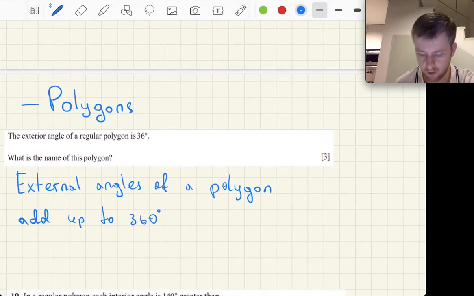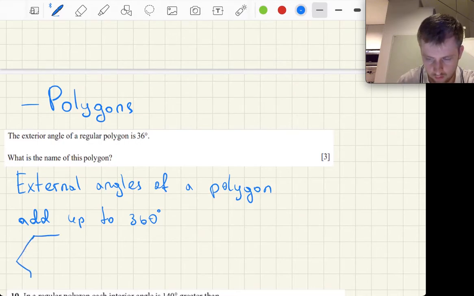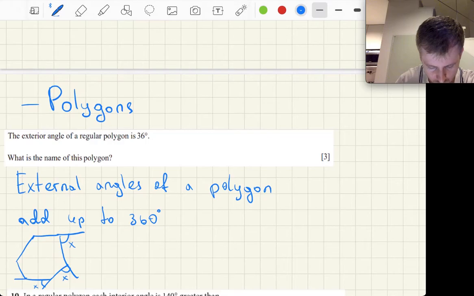By external angles, of course, let me just show you, for example. It's when you draw an extension of each internal angle, this is what we call external angles, all right?